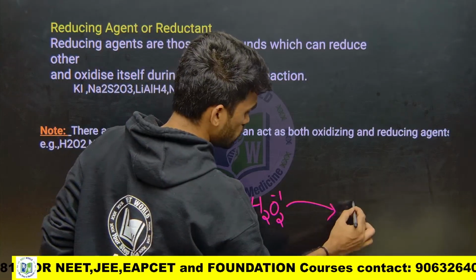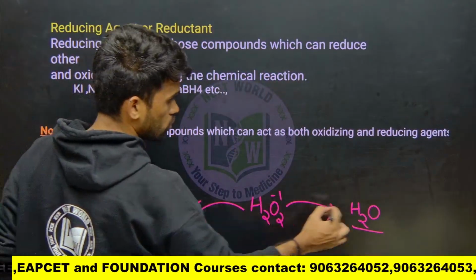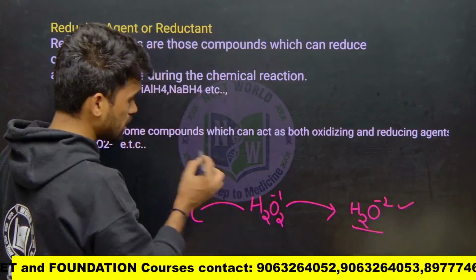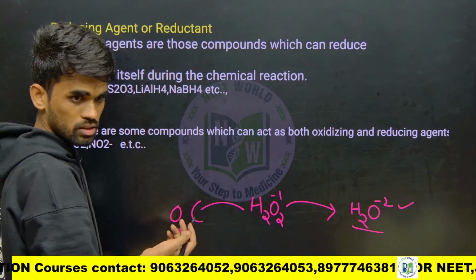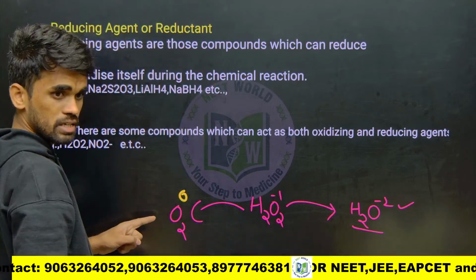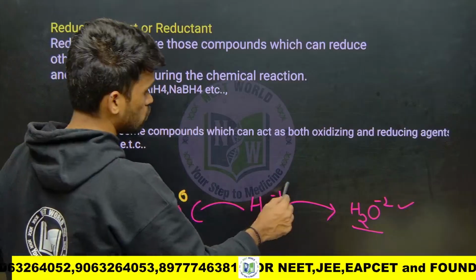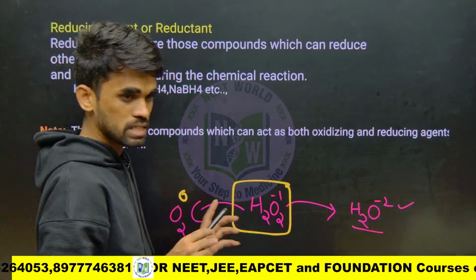It can go to H2O, where it is minus 2, the minimum, or it can increase its number to O2, where it is 0. The number is reduced in one case and increased in the other. So I can say H2O2 can act as both oxidizing as well as reducing agent. Hope it is clear.